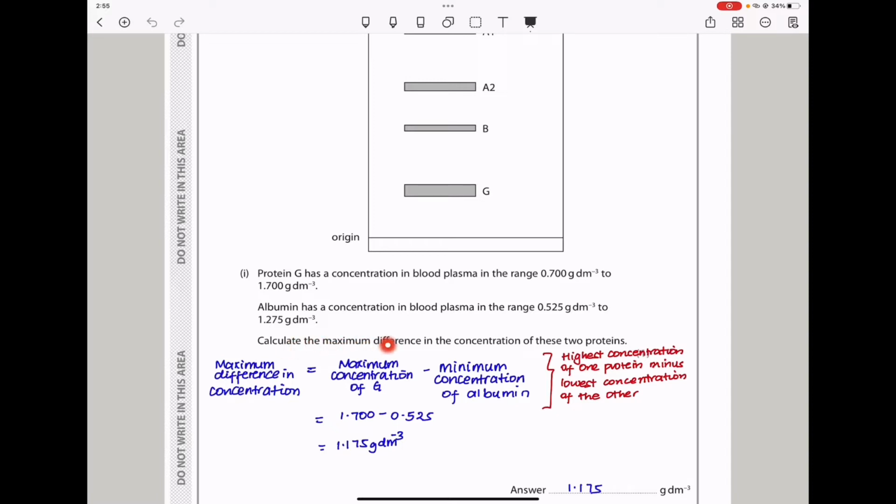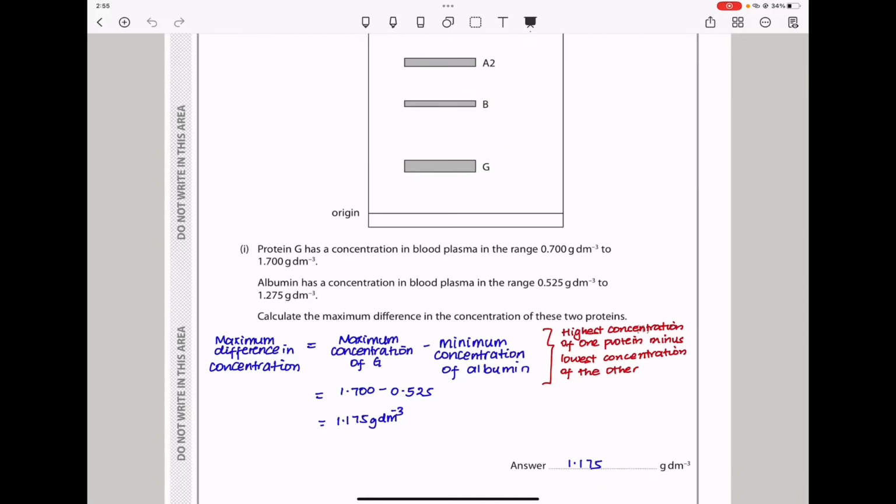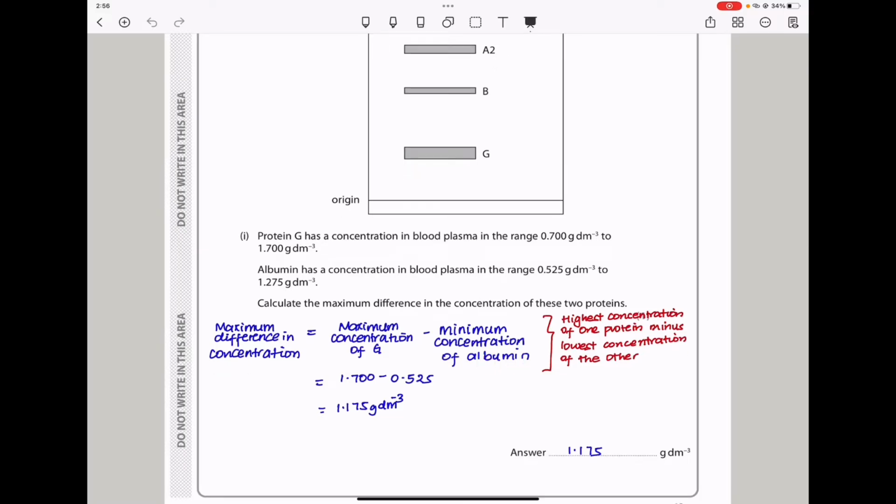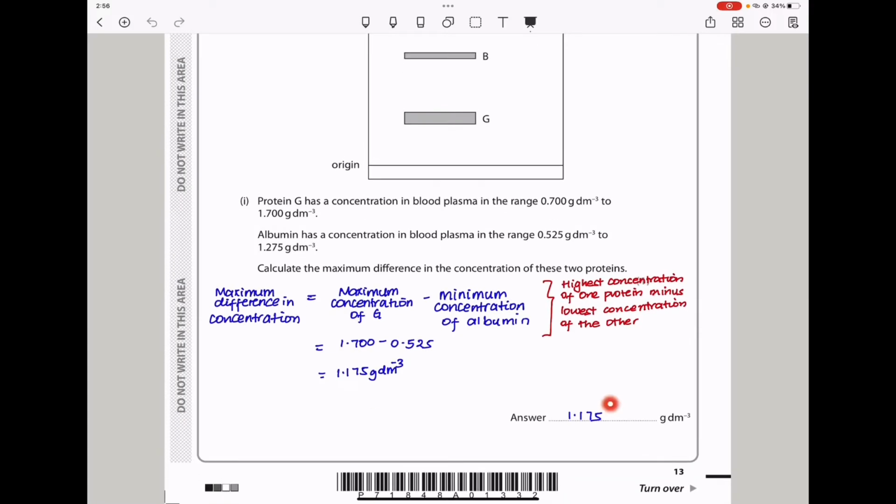They want you to calculate the maximum difference in the concentration of these two proteins. So maximum difference is going to equal the maximum concentration of G minus the minimum concentration of albumin, which is the maximum here, 1.700, minus the minimum here, which is 0.525, giving us 1.175 gram per decimeter cubed, and therefore this is my answer here.